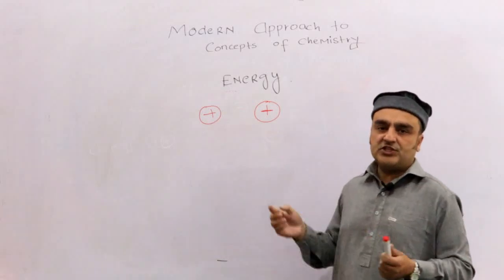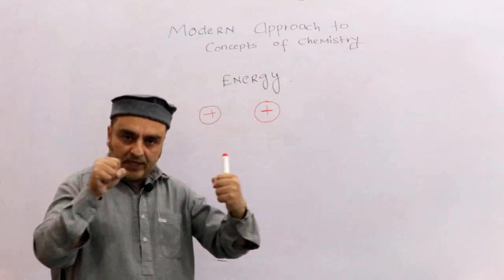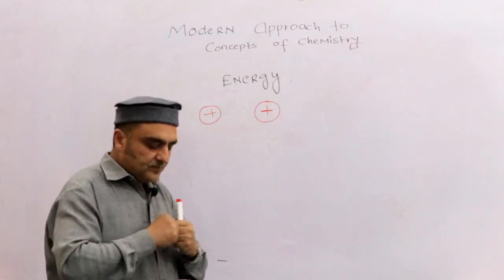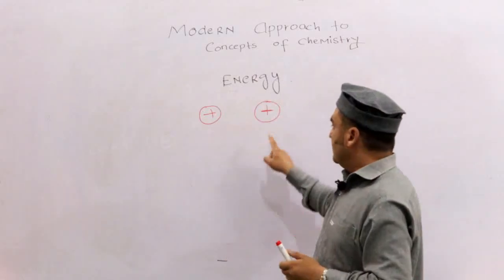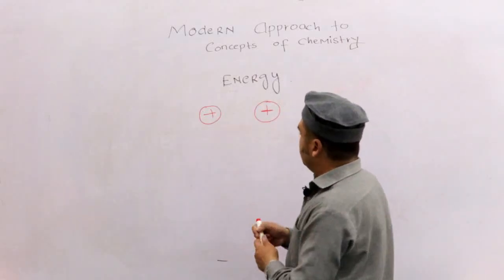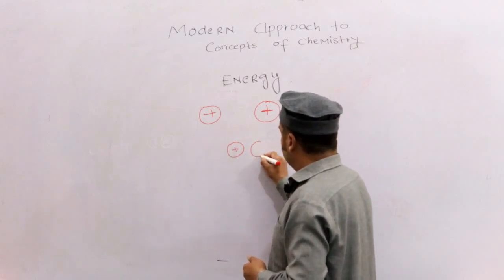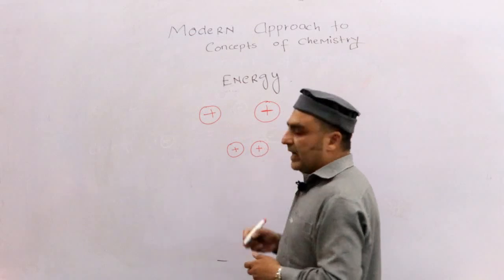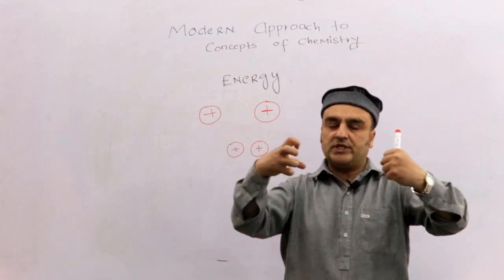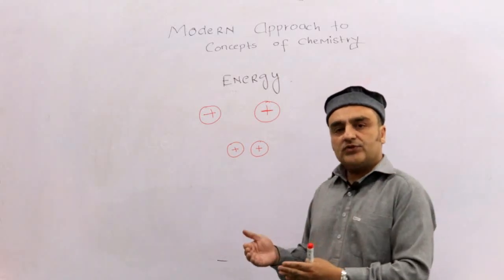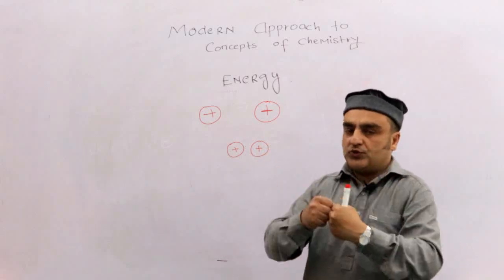This is a positive and this is a positive charge, and as you know, positive charges repel each other because both are of the same charge. If you decrease the distance between them, again you have to apply force on those two charges. The force will make them closer to each other.